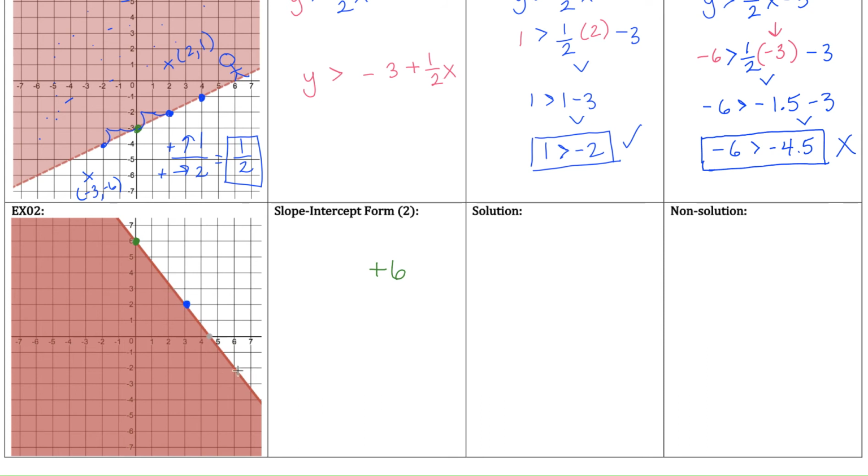Okay, so 1, 2, 3, 4. 1, 2, 3. Let me try one more time to make sure. 1, 2, 3, 4. 1, 2, 3. Okay. Down 4, right 3. So negative over positive is a negative 4 over 3. I can't reduce, so I'm done there.